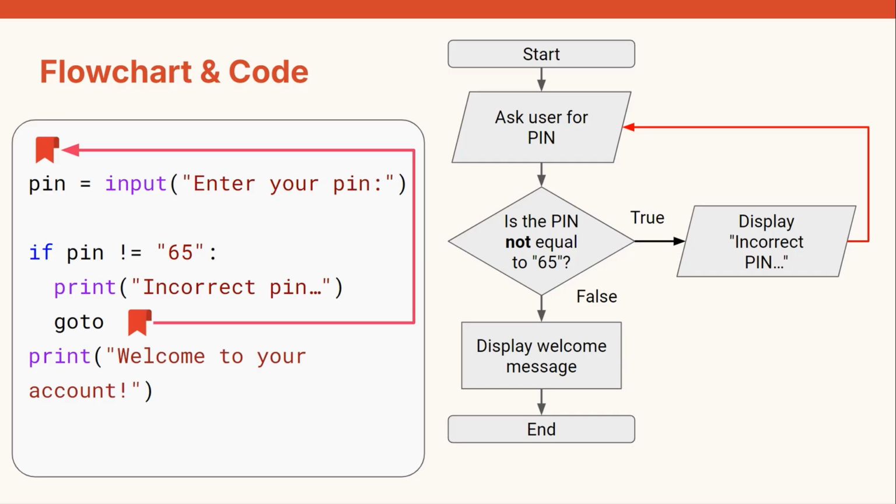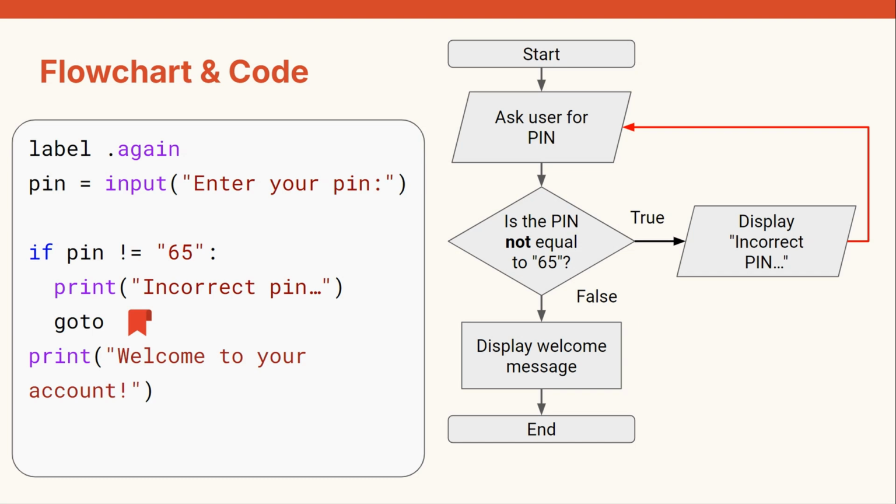The way we do that is when we create a bookmark, we use the word label. Label is the word we're going to use to denote the bookmark. What comes after the label is the name of the bookmark, because there can be multiple bookmarks. Each one needs a name so you can go back to it. In this case, it's called again.